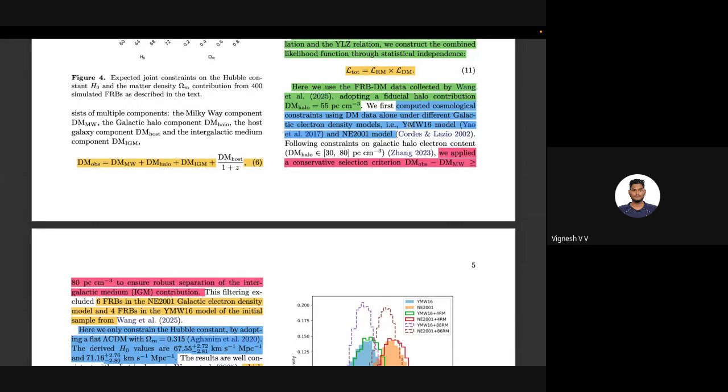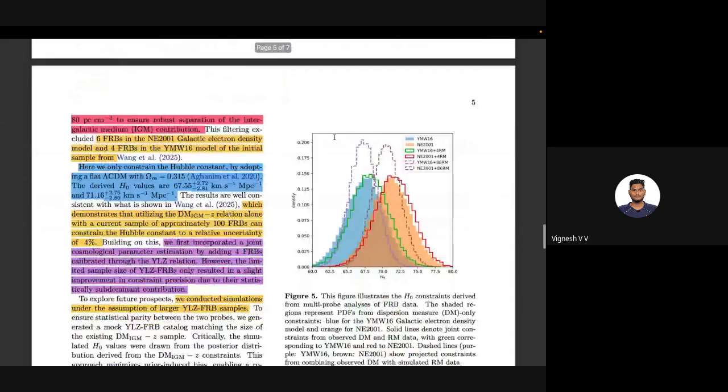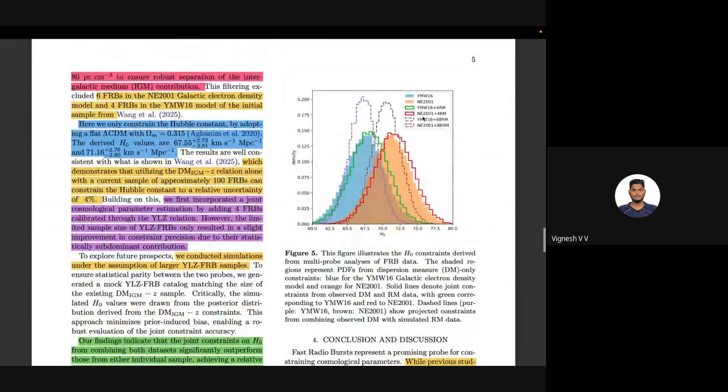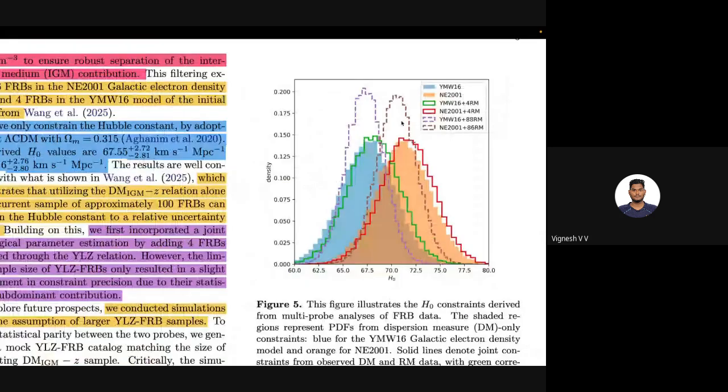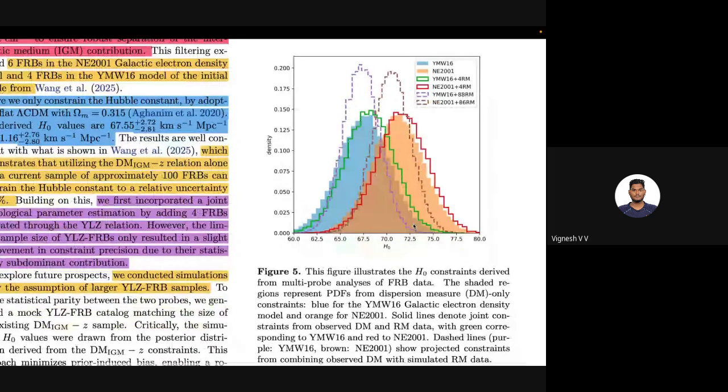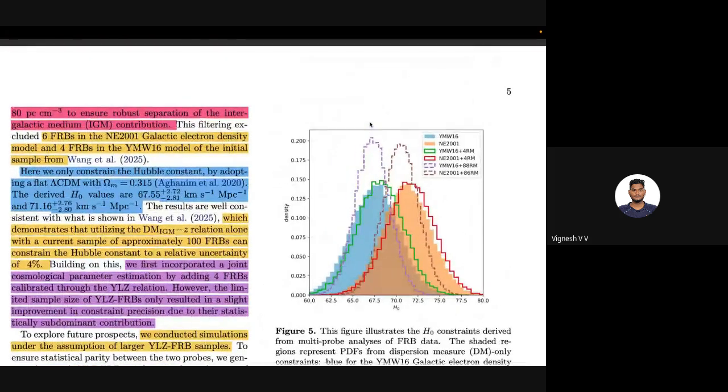One is the YMW16 model and one is the NE2001 model. In figure 5, the blue shaded region and the orange shaded region give us the two different values of H naught corresponding to the two different models of DM Milky Way. In the case of YMW16, they derived the value to be 67.55 with the given error, and in the case of NE2001, they derived it to be around 71.